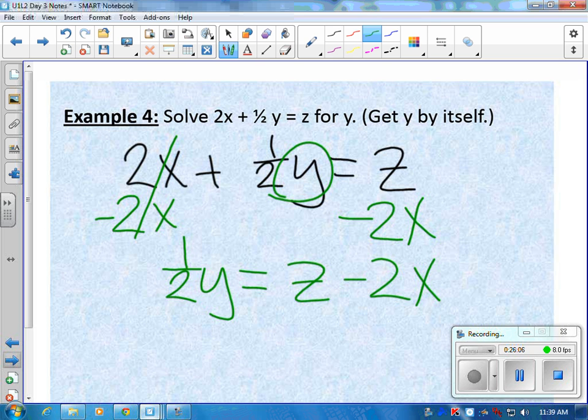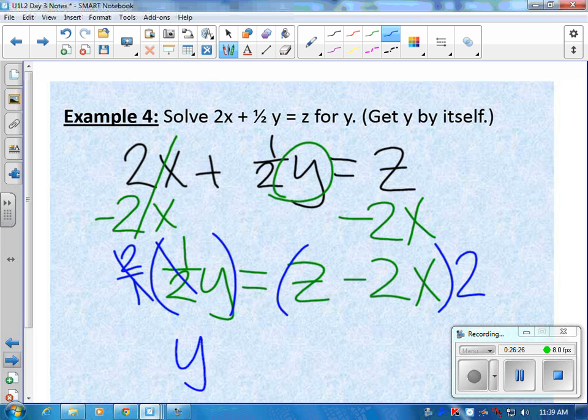What's my next step? Jacob? I don't want to divide by 2 over 1. I can multiply both sides by the reciprocal, 2 over 1. Any number times its reciprocal is 1. 1 times y is y.